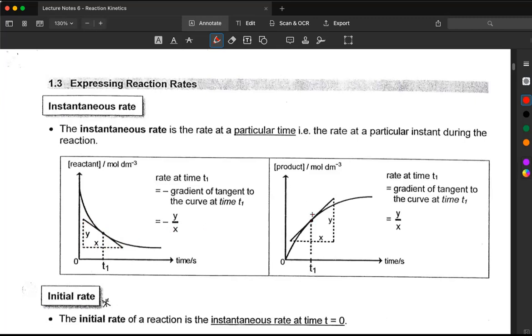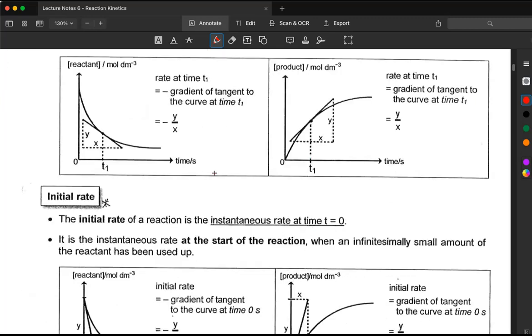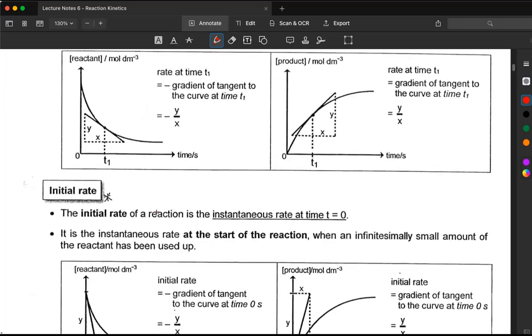Okay, we can do the same for the change in concentration of product over time to obtain the instantaneous rate.